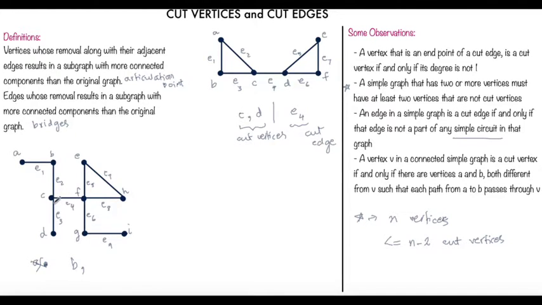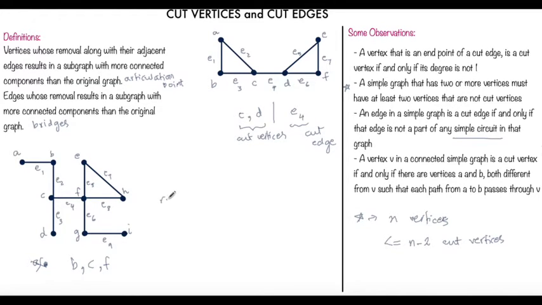Similarly, C is a cut vertex, because if you remove C, you remove along with it E2, E3 and E4, then it's clear that this is a connected component and this part is a connected component. Similarly, F. If you remove F, then we remove E4, E5, E8 and E6 along with that, and then you will see that this part will be connected, this part will be connected, and this part will be connected.